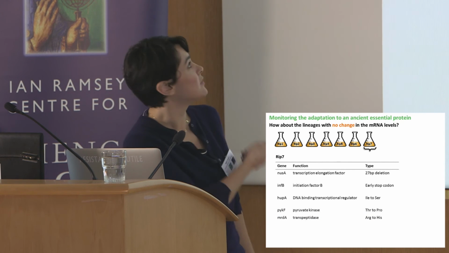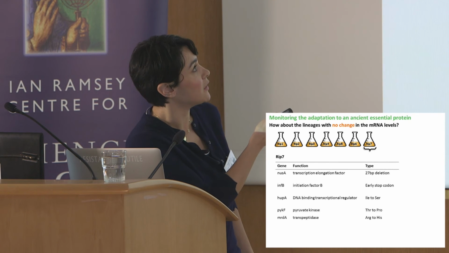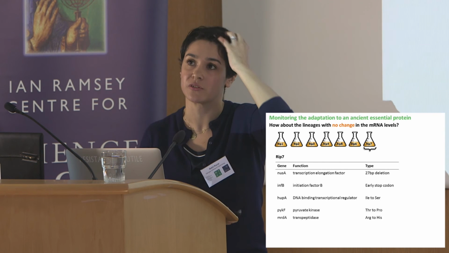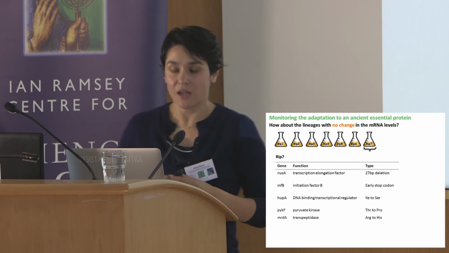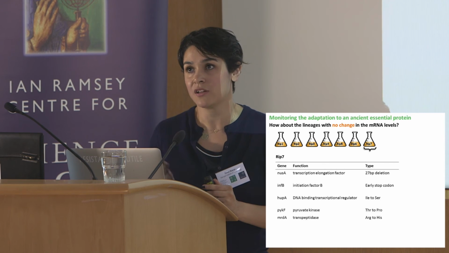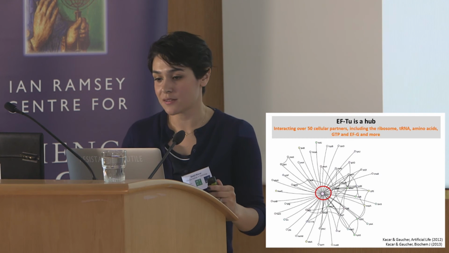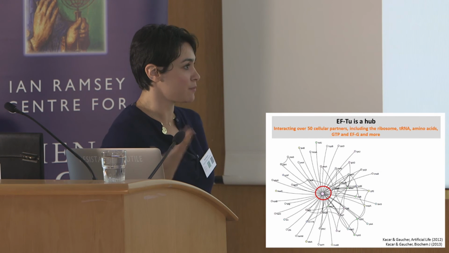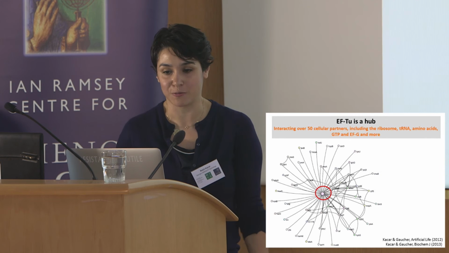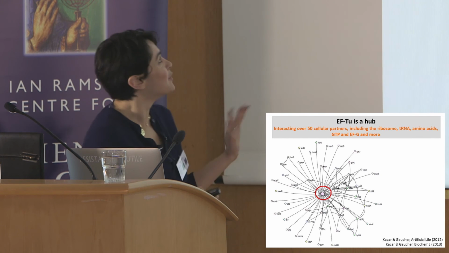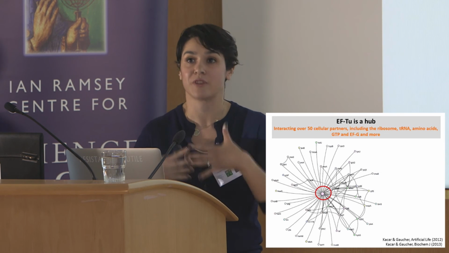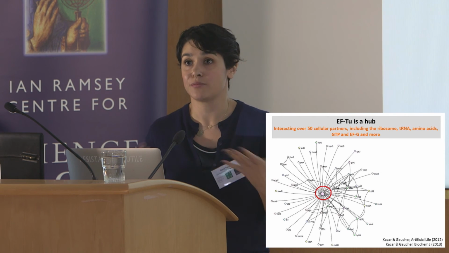And these are the genes that accumulated mutations in this line. There are different genes, a variety of different functions, a variety of different natures of mutation. And at this point, I referred to the network of elongation factor for some guidance. And this is when I realized that as a biochemist, I've been underestimating the complexity of biology. This protein is not only functioning in the ribosome, it is also functioning in a variety of other places next to the ribosome.